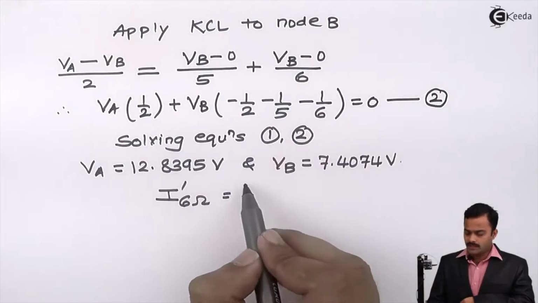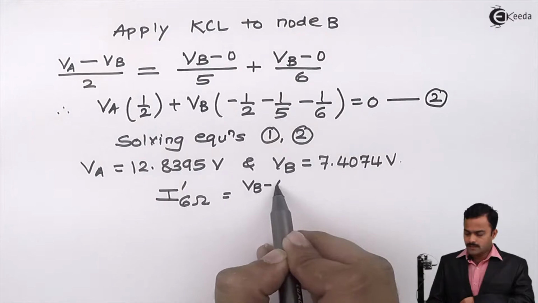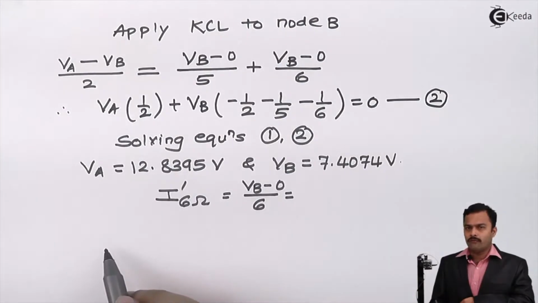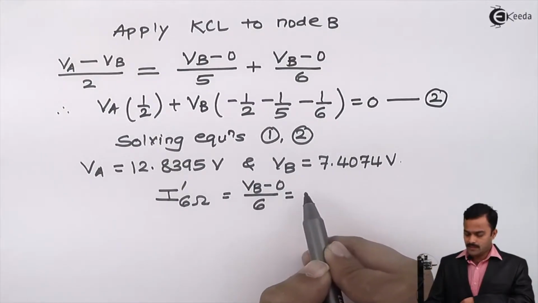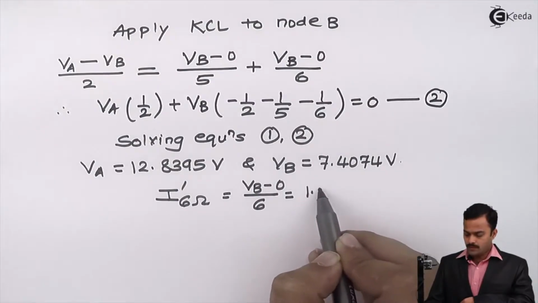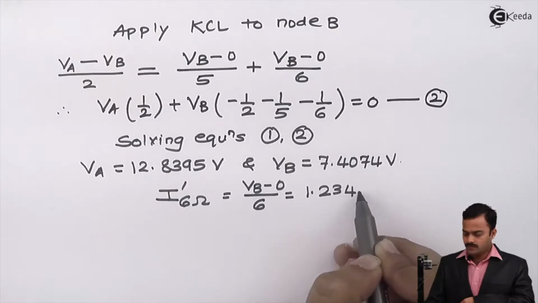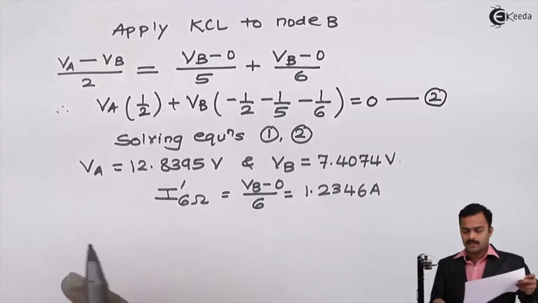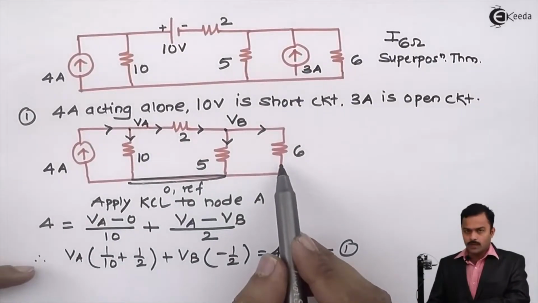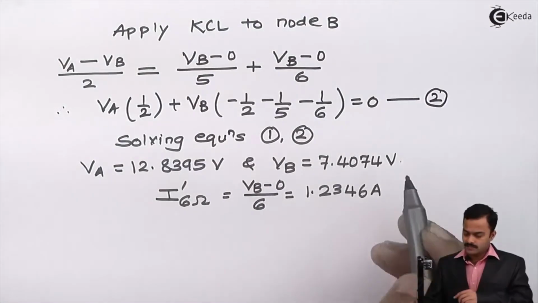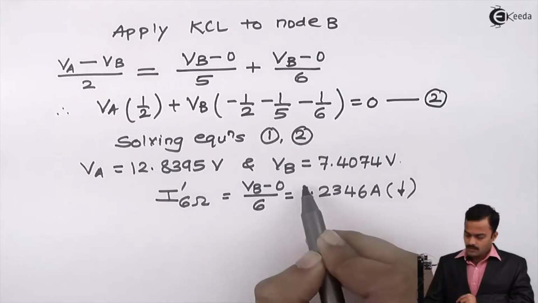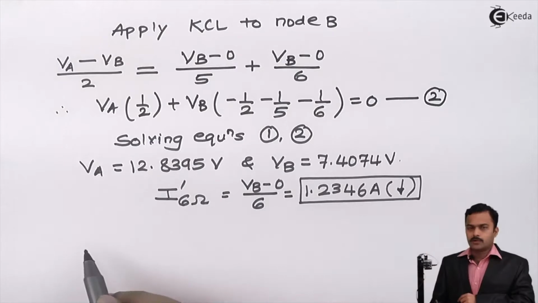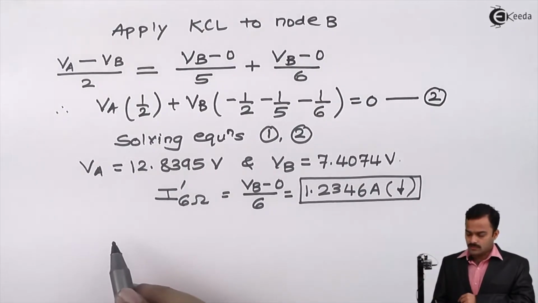The equation we have written is (VB minus 0) divided by 6. If I substitute the value of VB, I will get the final answer 1.2346 ampere, and the direction of current I have assumed downward. So I will keep the same current direction. So I am getting the first answer, and that is because of only one source.